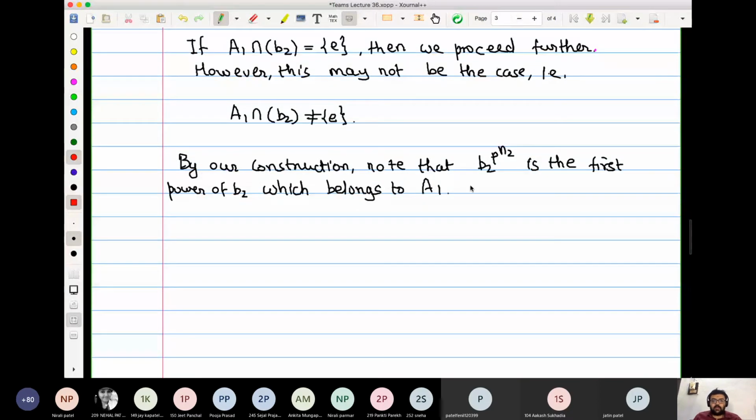So I ask you to verify this. In the notes also I have written verified. And what does this mean?